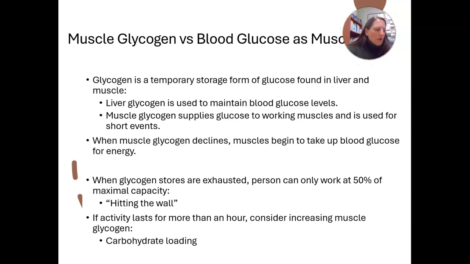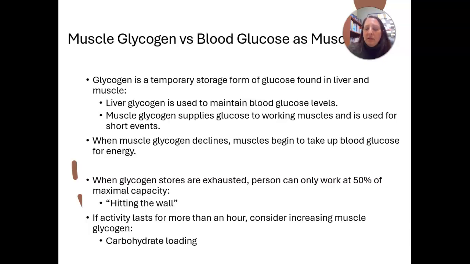Okay. Briefly want to talk about muscle glycogen versus blood glucose for fuel, and just point out some differences here. So we've talked about this already. Glycogen is the way that our body stores glucose, and glycogen stores can be found in our muscle cells as well as in our liver.